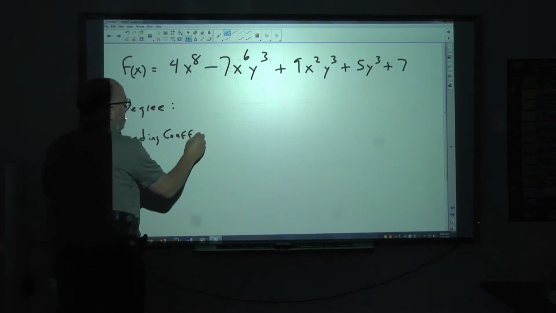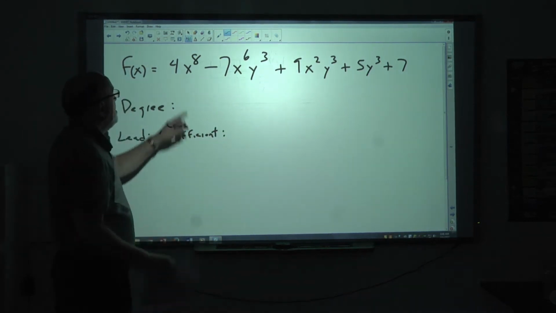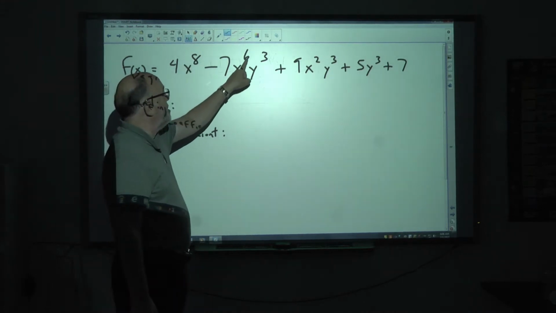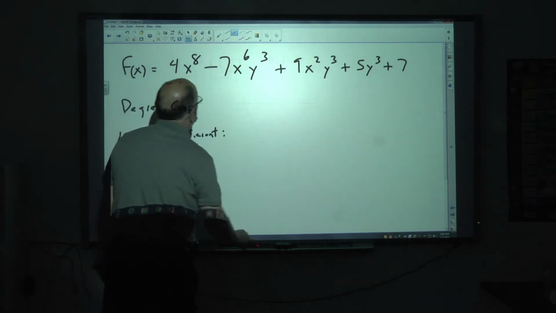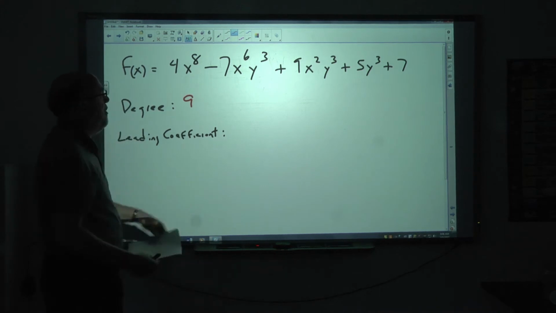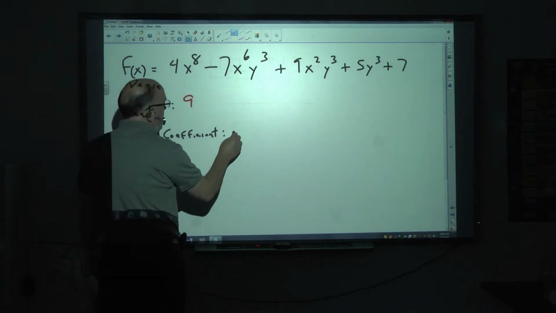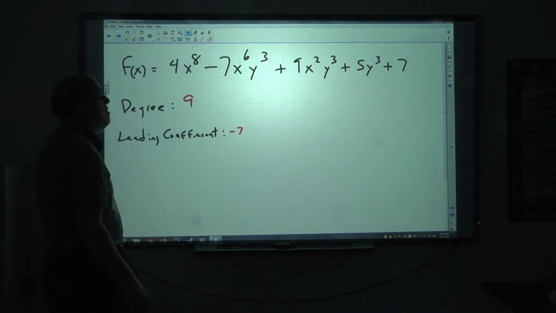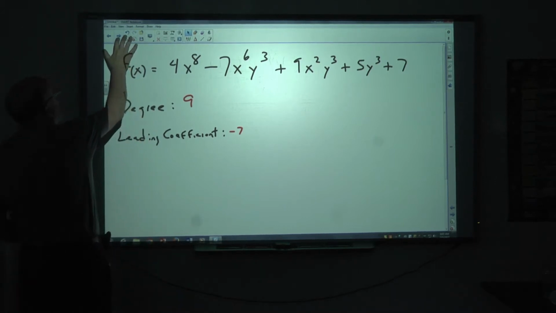In this one, we have x to the 8th, but over here I have x to the 6th, y cubed. And so my degree for this one is going to be 9. When I have one like this, I add these two exponents together, and the leading coefficient would be minus 7 if I rewrote that in descending order. So we have degree and coefficients.